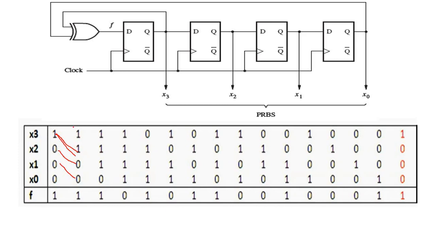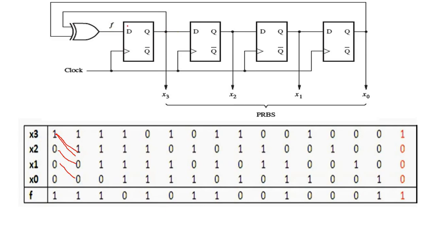The first place is left. So if it is left, the third output and this one are XORed, and it is applied to the flip-flop. That means this is the first one and this is the last one. The first and the last are XORed. 0 XOR 1 is nothing but 1.